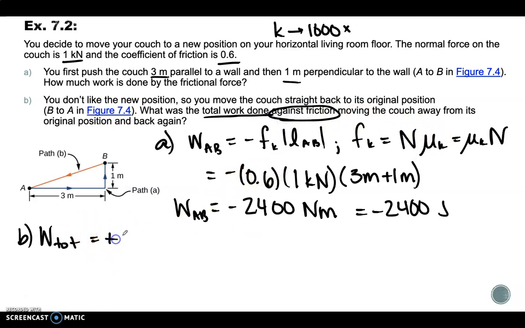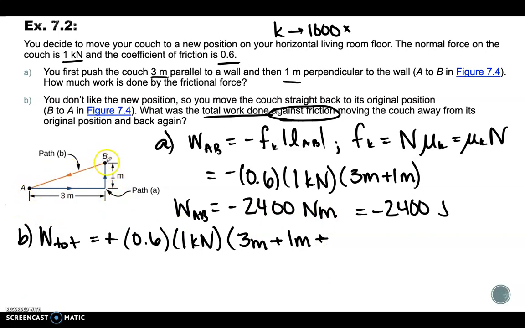So we're going to say it's positive F sub k, which is 0.6 times 1 kilonewton times our displacement, which is 3 meters plus 1 meter plus our total length of our path.